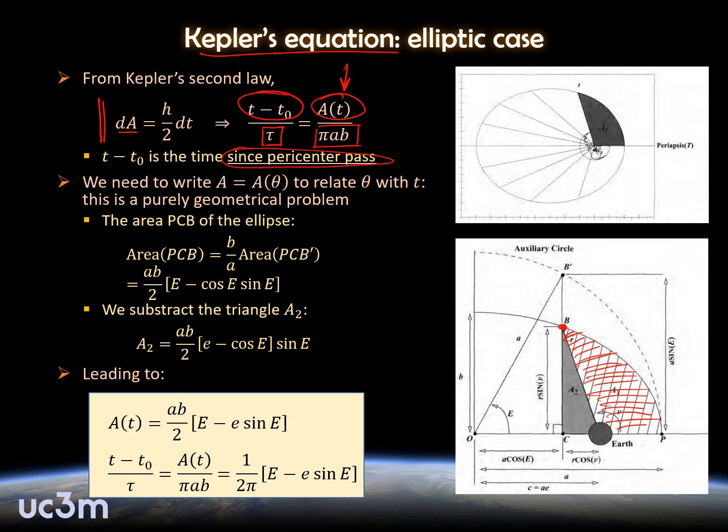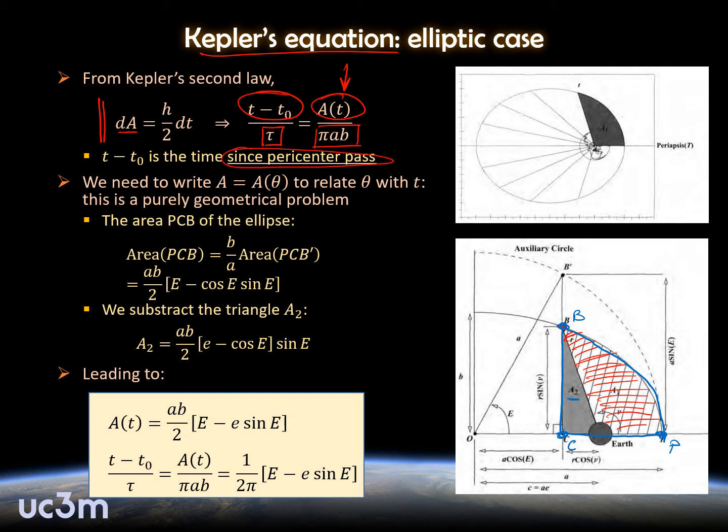First of all, we are not going to get that area directly, but instead we are going to find the area in this small piece. Using the letters in the drawing, this is P for the pericenter, this is B, and this is C. We are going to call this the PCB area. Once we have that, we will have to subtract this A2 triangle, but we will do that later.